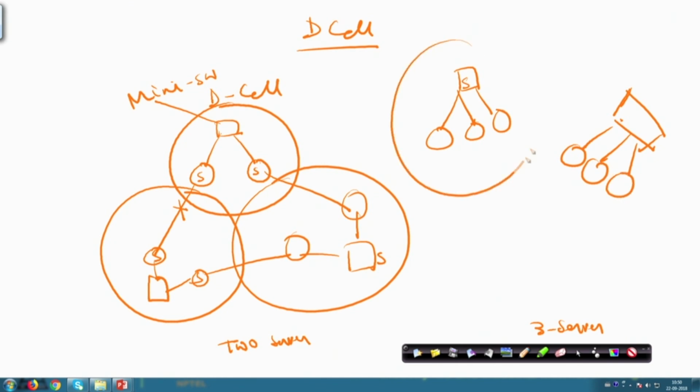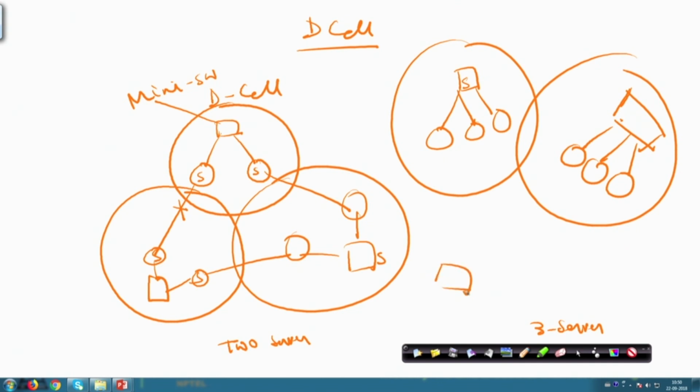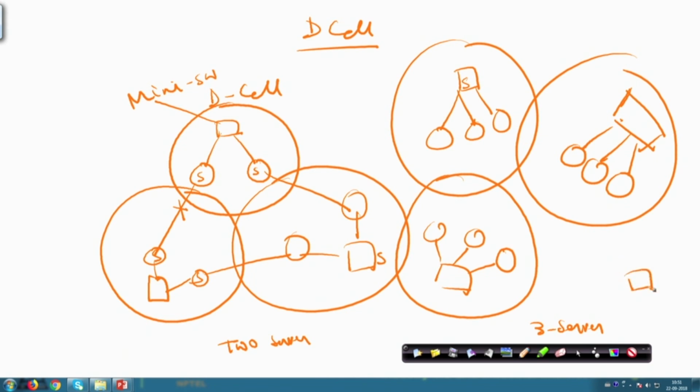So, this is one DCell, this is another DCell. You can have another DCell with another mini switch and three different servers in a likewise manner.